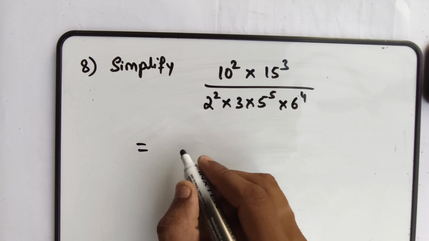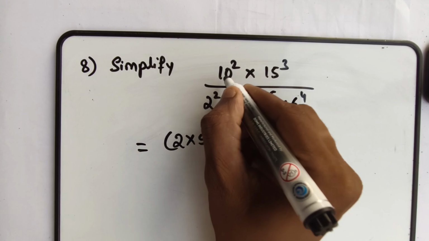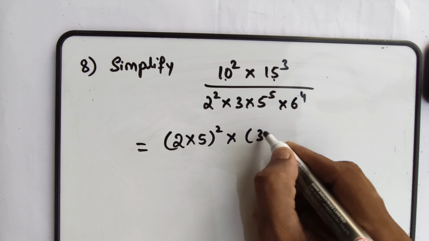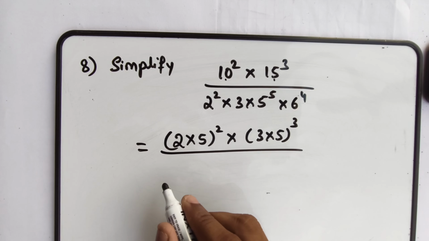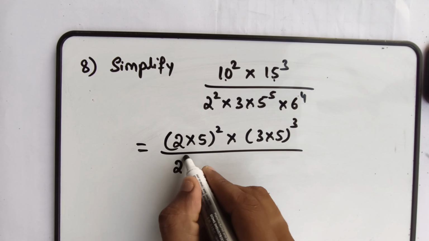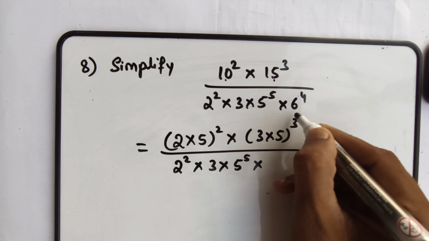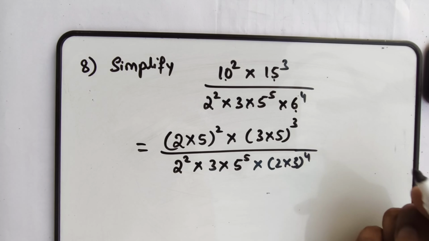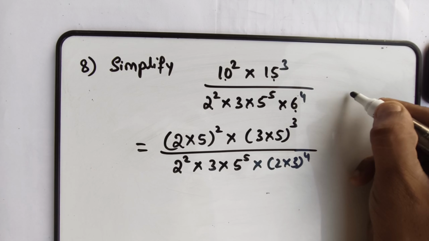Simplify this given question now. I'll write 10 as a multiple of 2 and 5. 2 into 5 is 10, and similarly 15 can be written as 3 into 5, that is whole to the power 3. Now denominator: 2 square into 3 into 5 to the power 5. 6 is a composite number. I'll write it in prime numbers: 2 into 3, to the power 4. Now open the brackets.